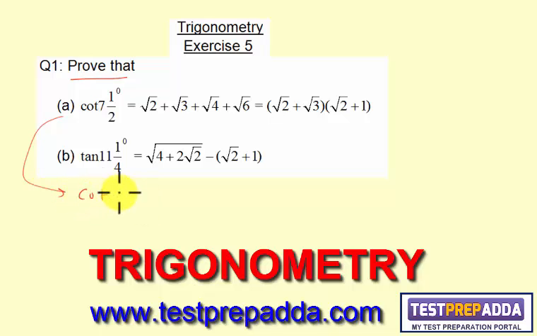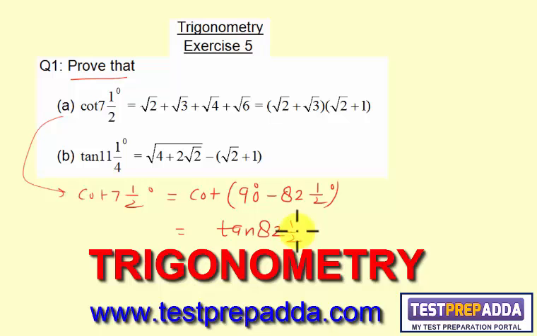Cot 7.5 degree. First of all, let me tell you, cot 7.5 can also be written as cot of 90 minus 82.5, and cot of 90 minus theta will become tan theta.